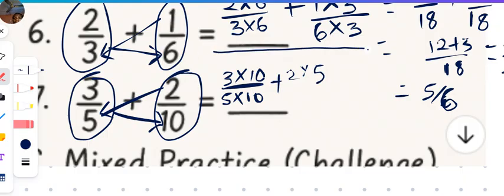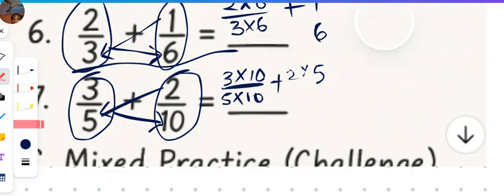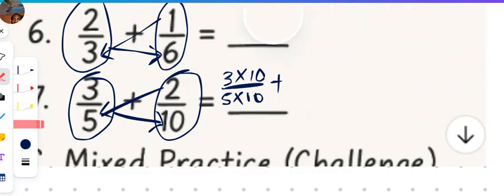The space is not enough, so I'm trying to draw a line to show that this question is different. Let me clean this other part away so that there will be no confusion.